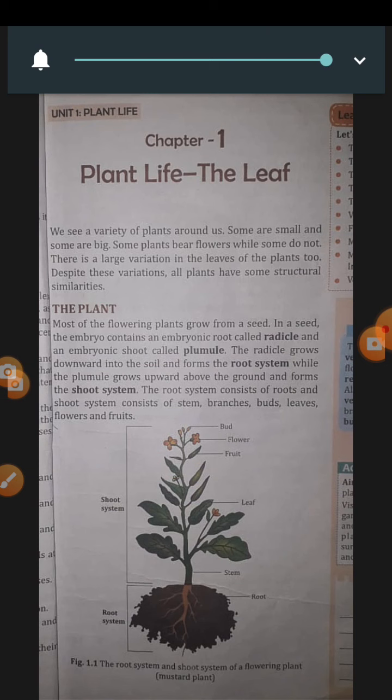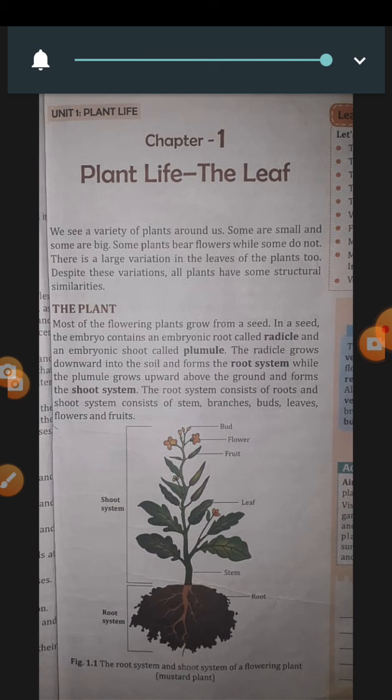It means the shapes and sizes of the leaves can be different but the function is always the same. And we all know that the function of the leaf is photosynthesis.